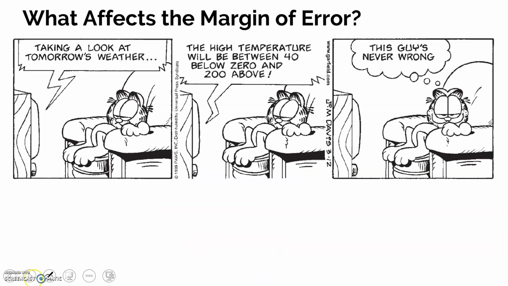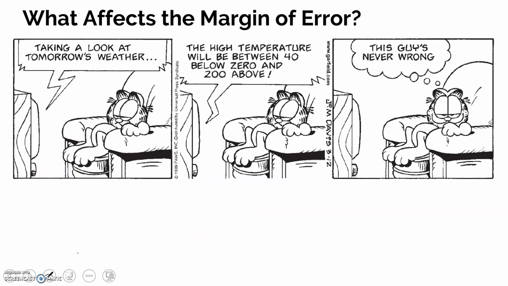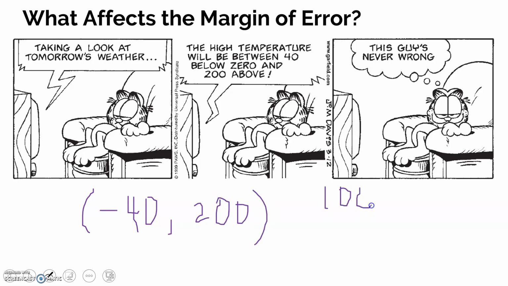I'm going to take you back to this cartoon about Garfield to illustrate one of those ideas. In this cartoon, the weatherman says the high temperature will be between 40 below and 200 above. And this weatherman is probably 100% confident in that.